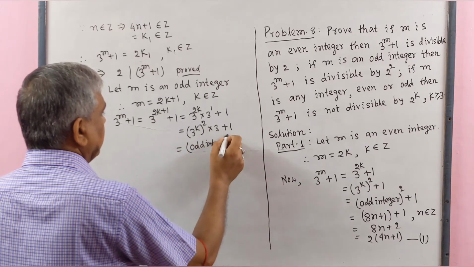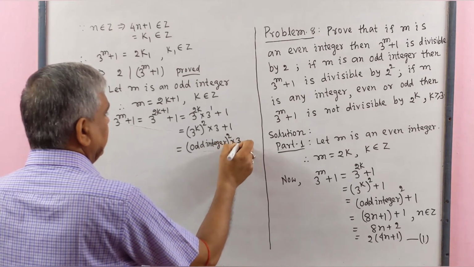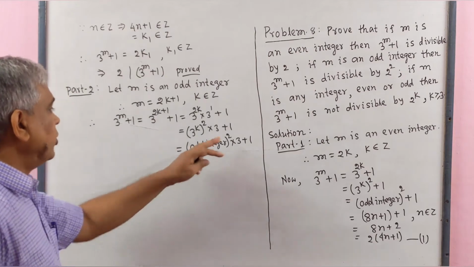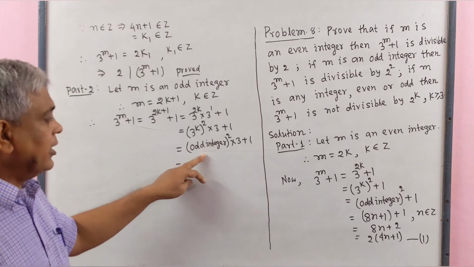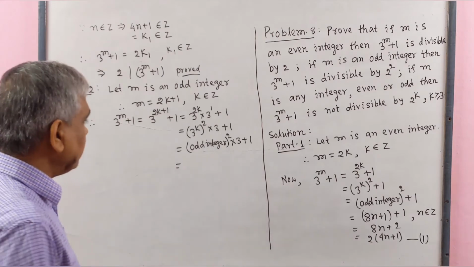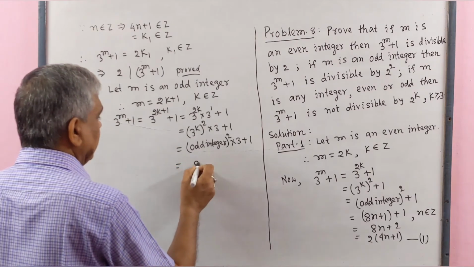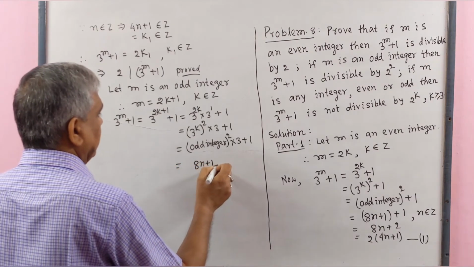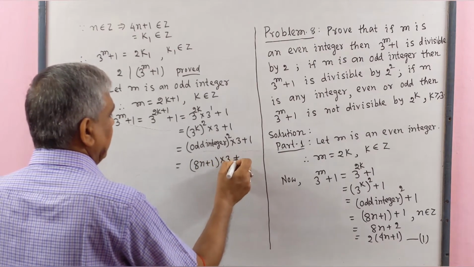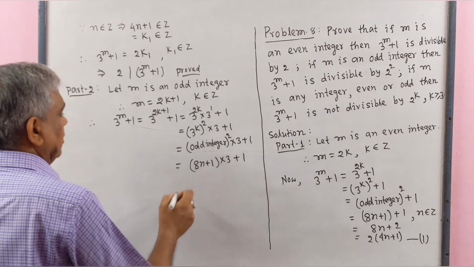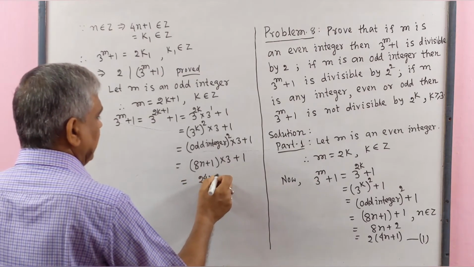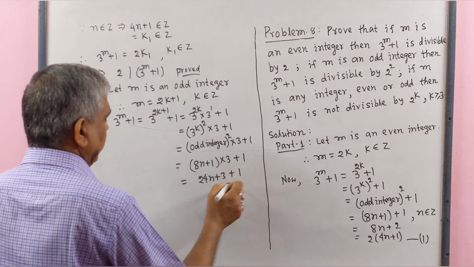whole square multiplied by 3 plus 1. Since the square of an odd integer is of the form 8m plus 1, here we write this as 8n plus 1, multiplied by 3, plus 1, which equals 24n plus 3 plus 1.